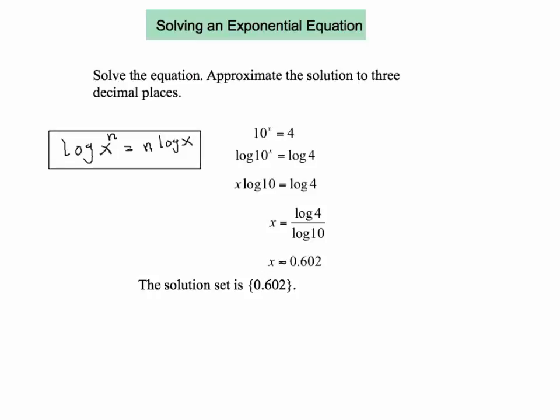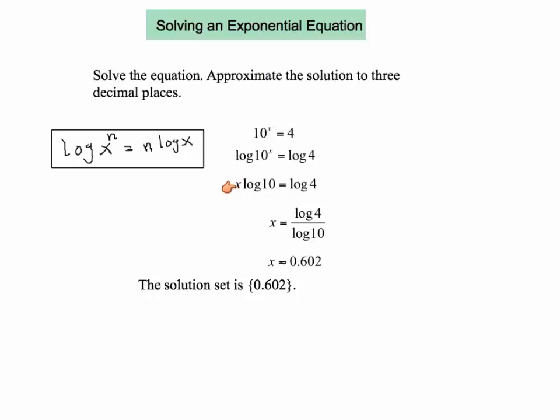So in this case, I can take this n and move it right in front of the log. That's what we're doing here. We're taking this x here and moving it right in front of this log. So this becomes x log of 10. We want to isolate x.